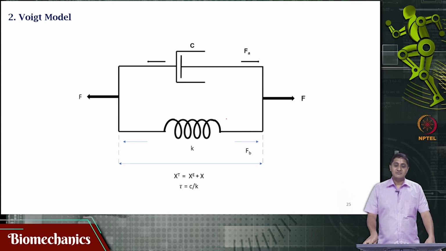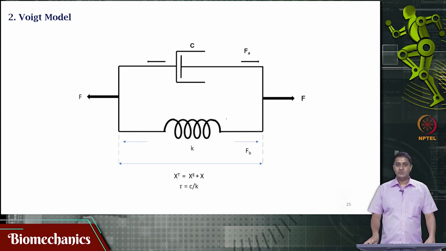In the Maxwell model, what we had was a dashpot in series with the spring. Here you have a dashpot in parallel with the spring, which means that there will be a qualitative difference in the response of this model when compared with the Maxwell model. That makes sense, but we do not know what exactly that is. In other words, we have not yet done the mathematical formulation of this, which we will do.